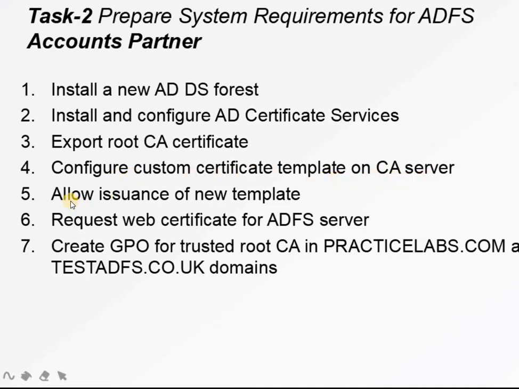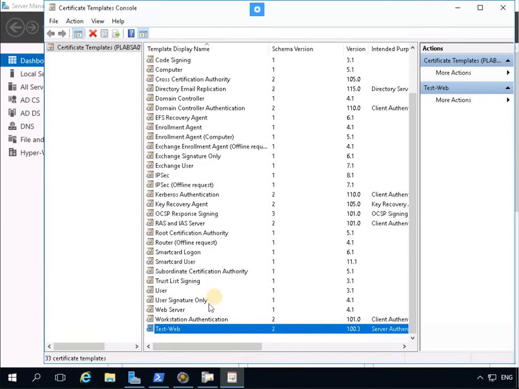Now we are going to perform allow issuance of new template. Okay. To add the customized certificate template that can be issued by the domain member server CA server, we need to perform this step.